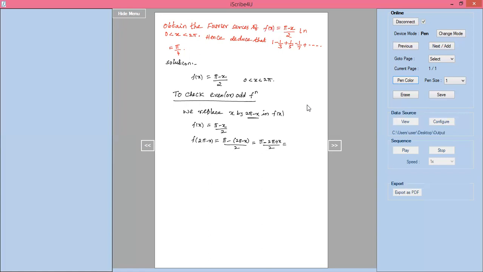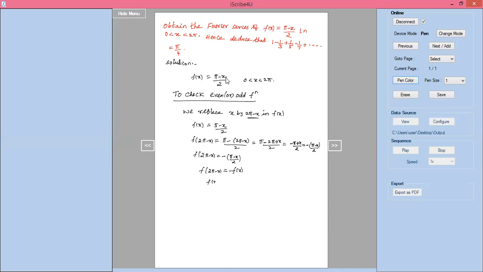If you simplify, pi minus 2 pi is minus pi, so we get (minus pi plus x) divided by 2, which is minus of (pi minus x) divided by 2. What is (pi minus x) divided by 2? It is f of x. Now f of 2 pi minus x equals minus f of x.